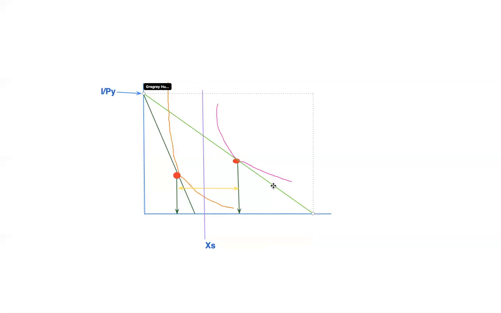So to isolate the substitution effect, and it's important that I do this, I'm going to have to label the indifference curves. U0 will be our initial level of utility. And our new level of utility, I'm going to label U1.